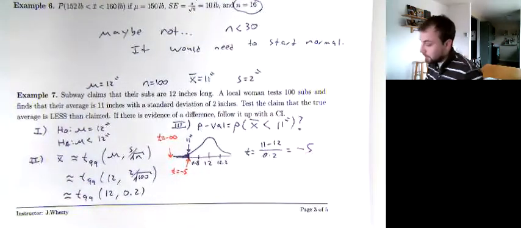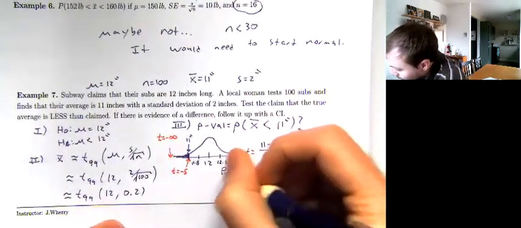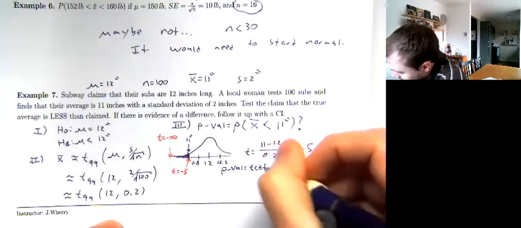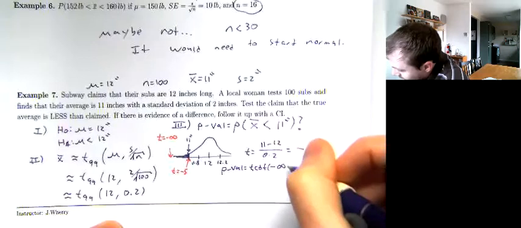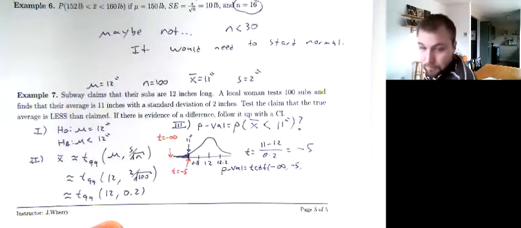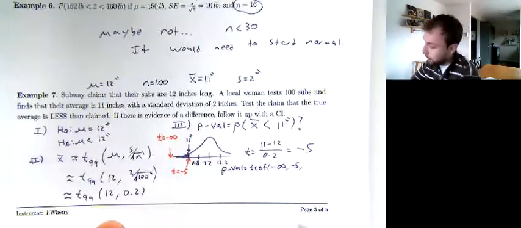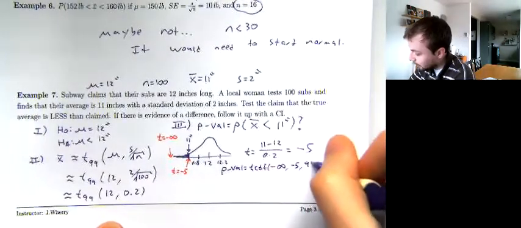And I'm always using the t-scores when I'm looking up the t-CDF. So from -infinity to -5, this is going to be really, really small. It's really far out there. And my DF was 99.